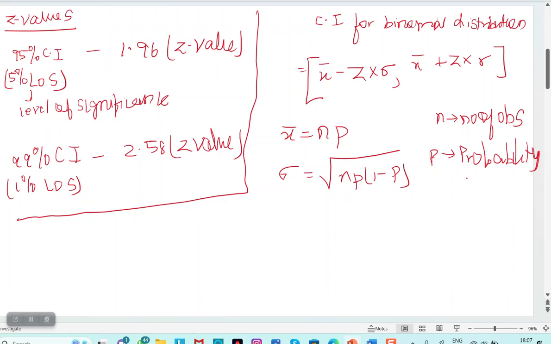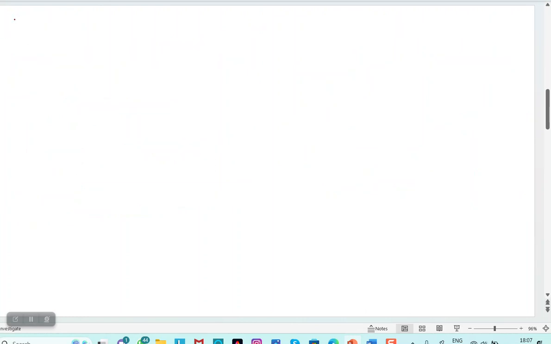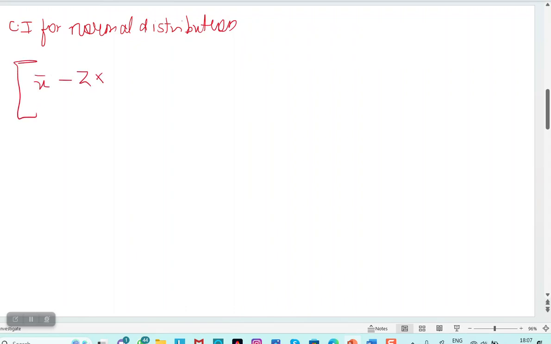Similarly, the confidence interval for normal distribution is x bar minus z into sigma by root n, comma, x bar plus z into sigma by root n.